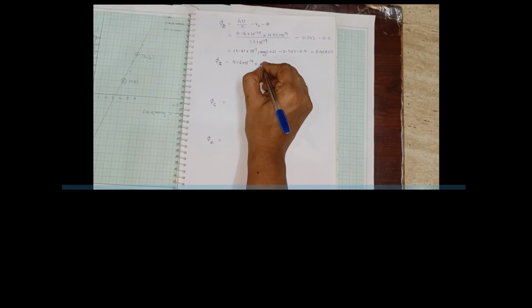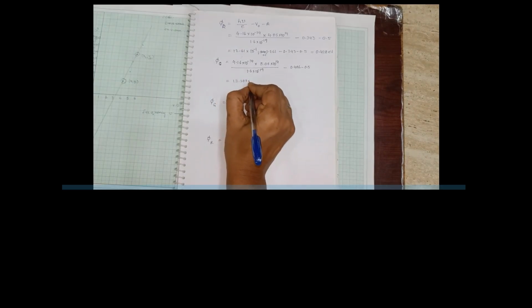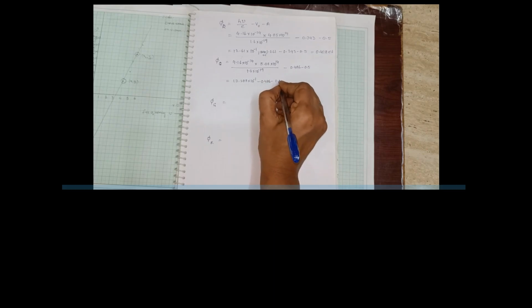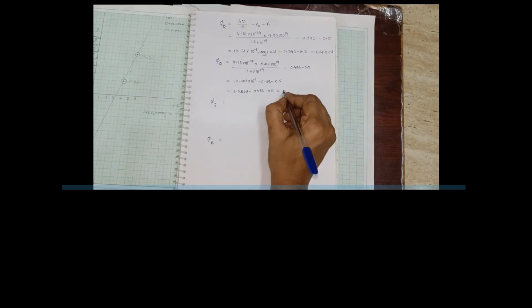And for orange, the frequency is 5.08 into 10 power 14 by 1.6 into 10 power minus 19, and the stopping potential is 0.486, minus 0.5, that equals 13.208 into 10 power minus 1 minus 0.486 minus 0.5, that equals 1.3208 minus 0.486 minus 0.5, which is equal to 0.342. This is also in electron volts.